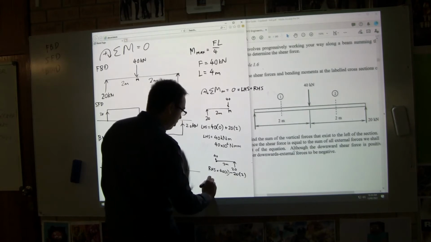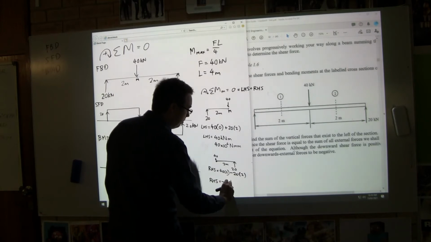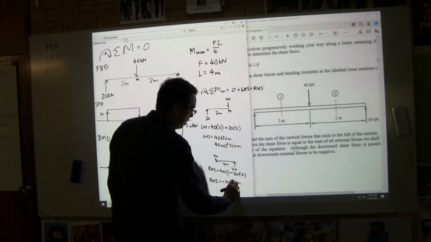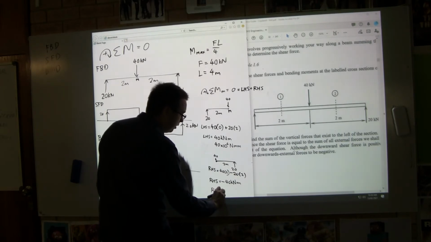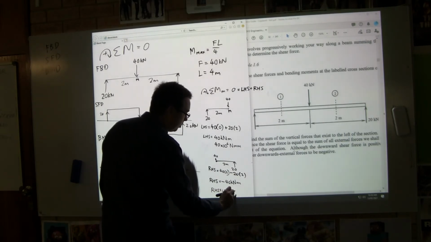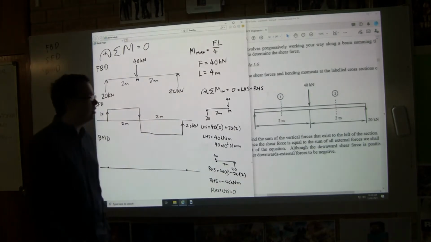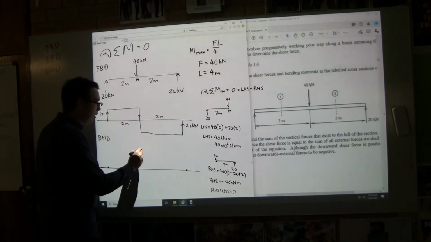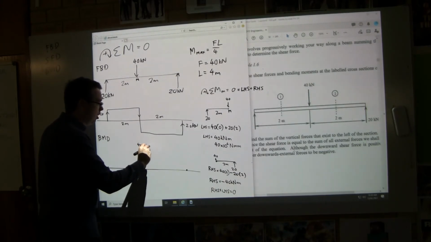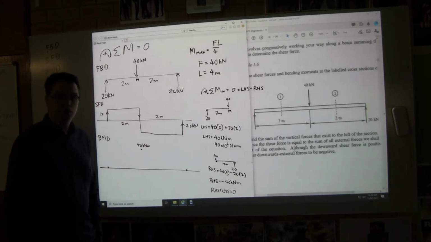So our answer is RHS equals minus 40 kilonewton meters. That means RHS plus LHS, the left hand plus the right hand, equals 0, which is exactly what we expected. So at this point it's equal to 40 kilonewton meters, or 40 times 10 to the 6 Newton millimeters.